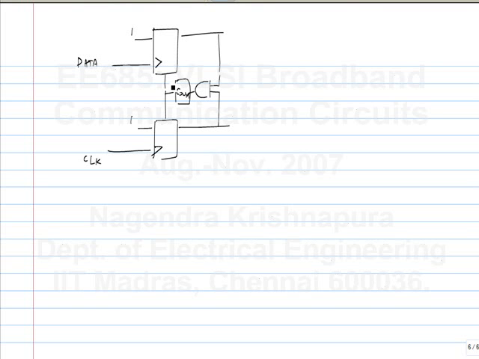So somehow you have to come up with a circuit that will work only during transitions and is inhibited outside of it. Okay? And also it has to work when the data transition is going up as well as going down. There is no distinction between the two, right?